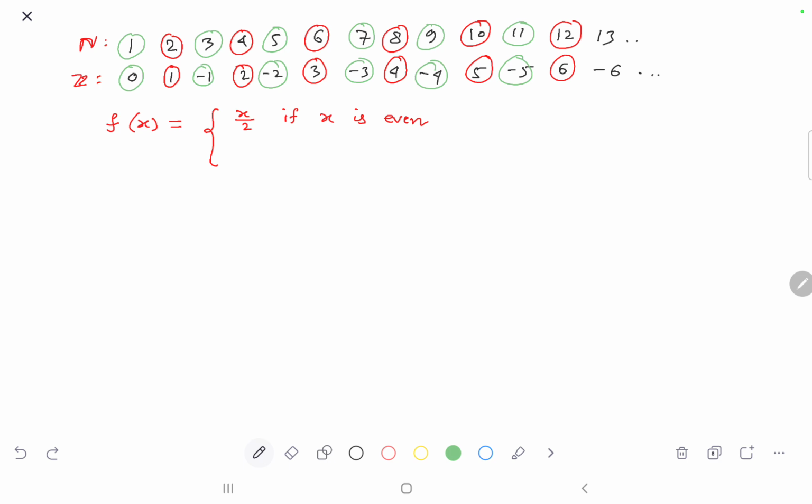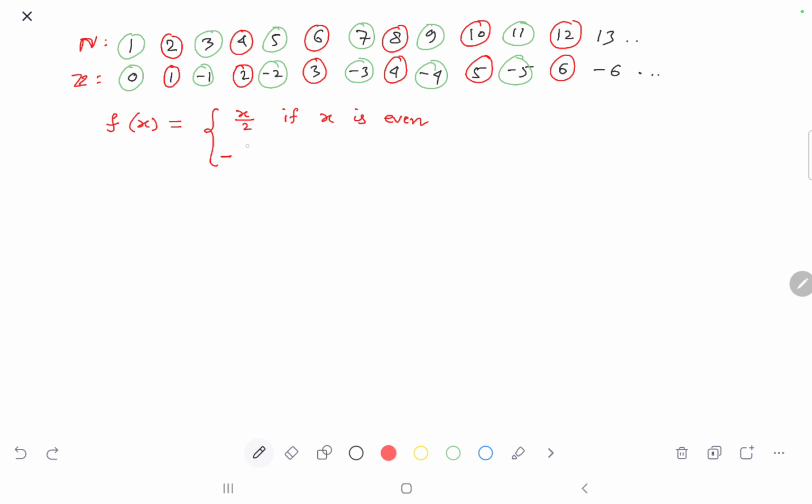So for the formula, just see that 3 goes to -1, so we have to put a negative sign before this. You can think 3 goes to 1, 5 goes to 2, like this. So how do we get that?